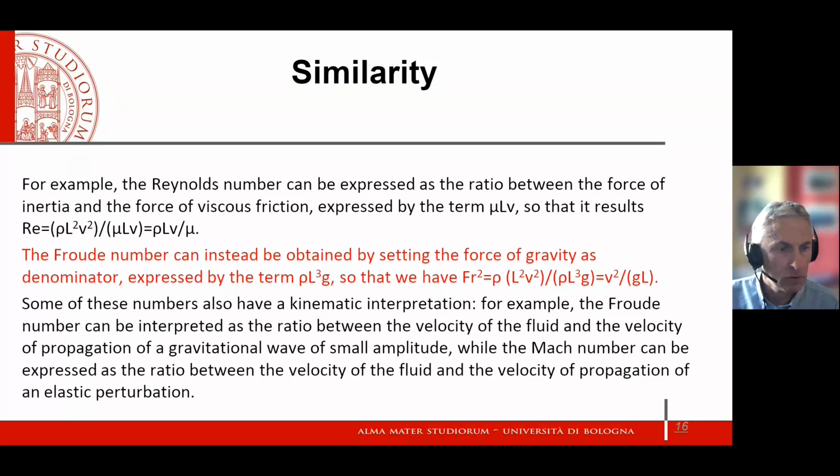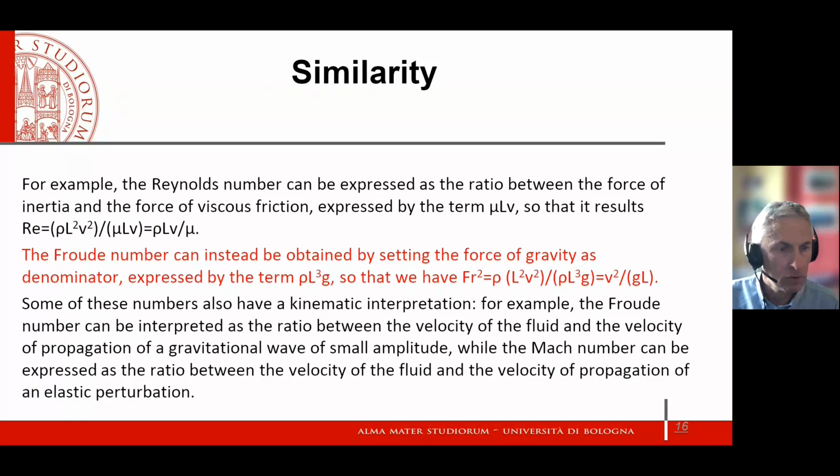When the fluid moves very slowly, then the viscous friction is relevant. It becomes comparable to the inertia. But when the fluid is very fast, the Reynolds number increases. And the same if the diameter of the pipe, in case of pipe flow, becomes large. If you have a huge pipe, it means that you have a lot of mass of fluid moving. It means that the inertia is huge.